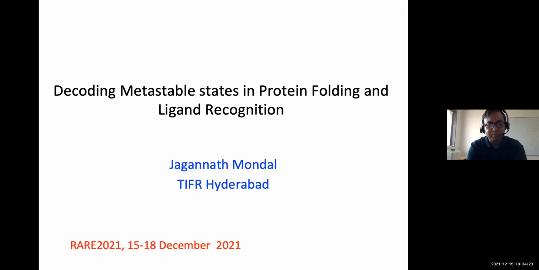Keeping in the theme of many of today's talks about collective variables, we are going to think about whether we can decode many transient metastable states that we generally see in two important biomolecular processes, protein folding and small molecule recognition to the protein, using collective variables.